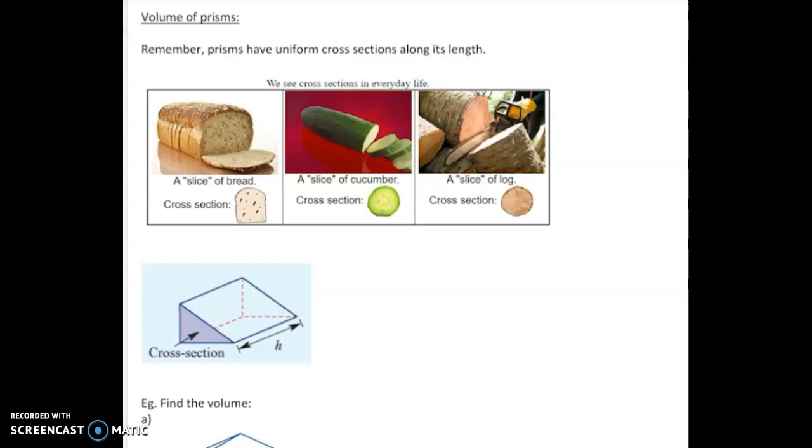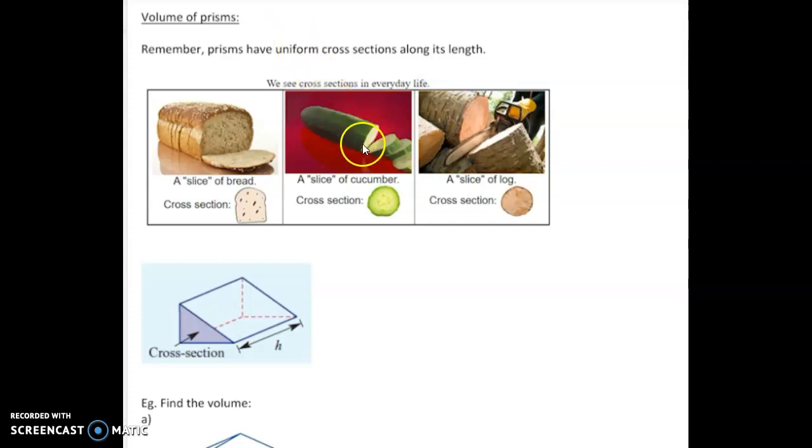So I've provided some examples here from our everyday life. If you have a look at a slice of bread, if I cut across this way, I get a cross section that is pretty much the same shape and the same size. And so we can say that this loaf of bread is a prism shape.